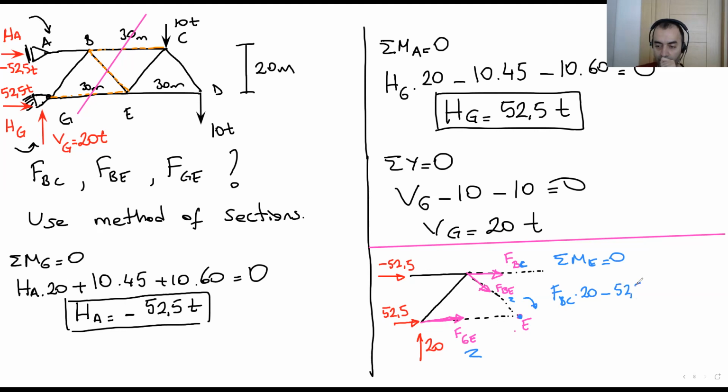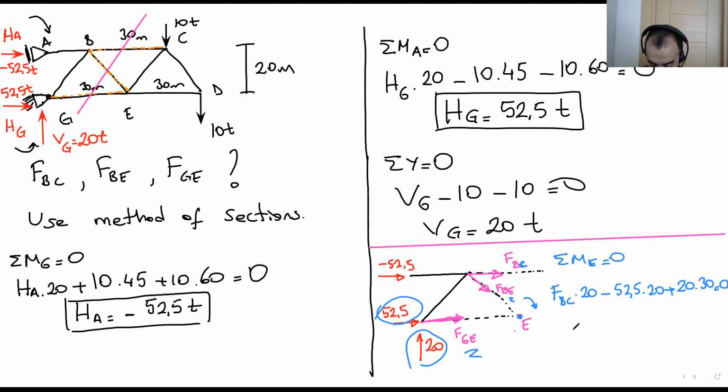This one times 20, and the moment of this one around point E is 0, but I have a vertical component. This rotates the system in the positive direction. So this is 20 times 30 equals 0.